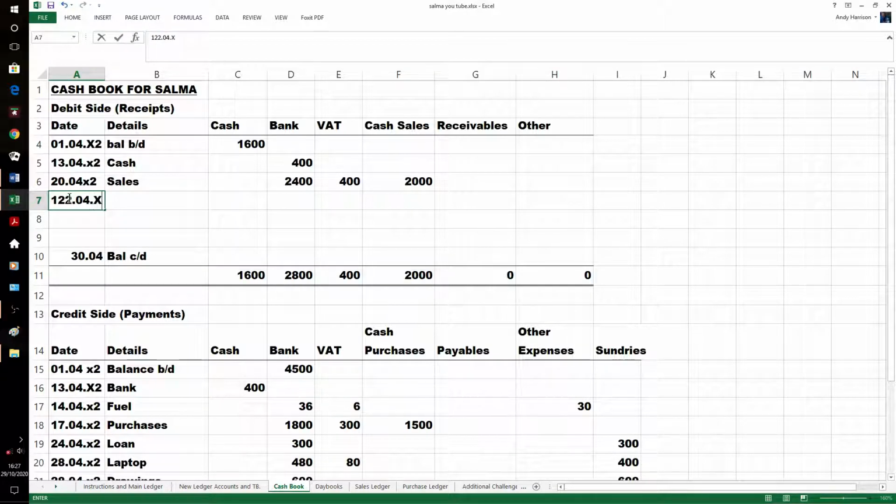Doesn't matter if the dates aren't in perfect order. Oh, I forgot that. And he paid us 684, and he's a receivable.